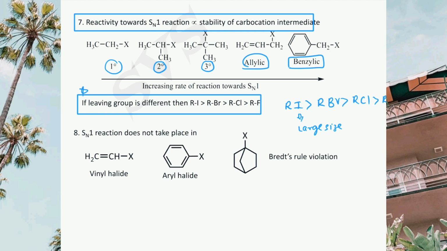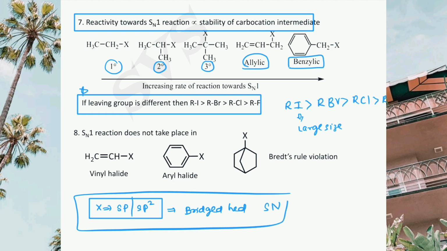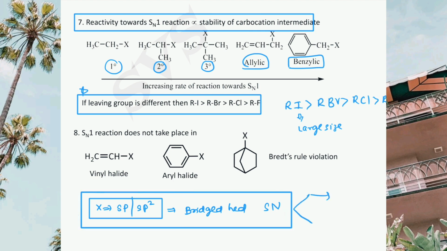Whereas, very, very important, halogen attached to sp carbon, sp2 carbon, or bridgehead does not undergo nucleophilic substitution reaction, both SN1 as well as SN2. This is bridgehead. This is aryl.